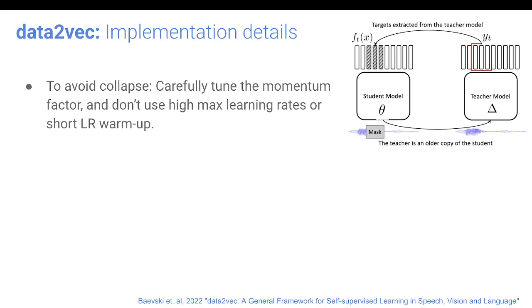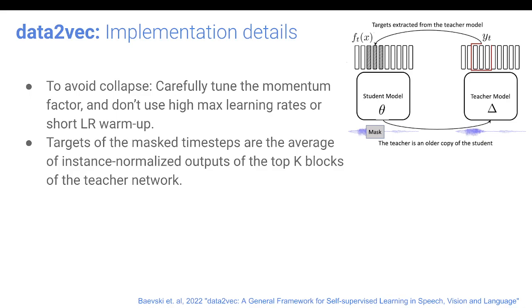Otherwise, again, it will collapse. And you also need to avoid a short learning rate warm-up. You need to use a long learning rate warm-up, again, to ensure that the representation will not collapse, that the student and teacher will not just conspire together to learn some trivial representations.